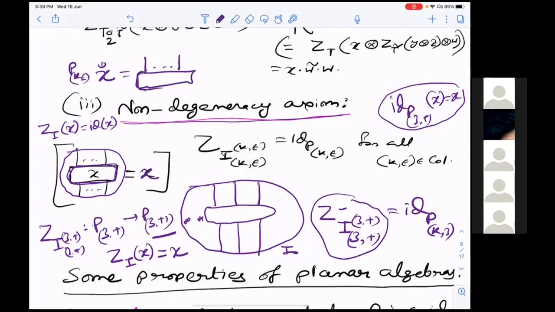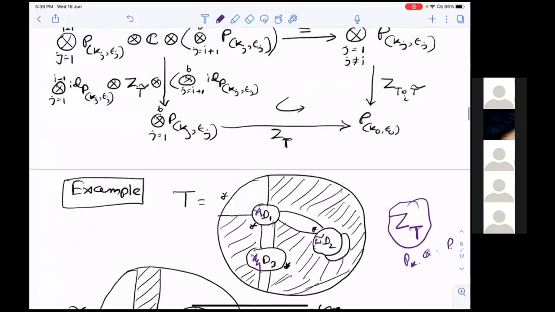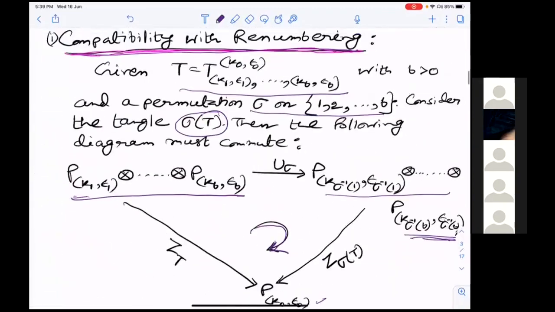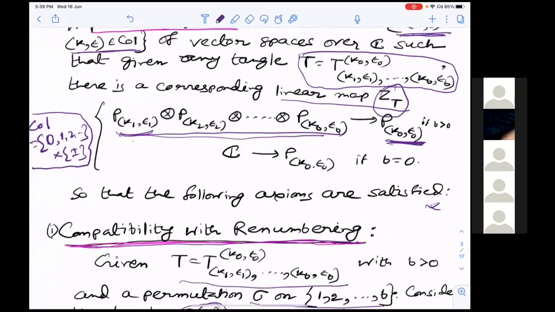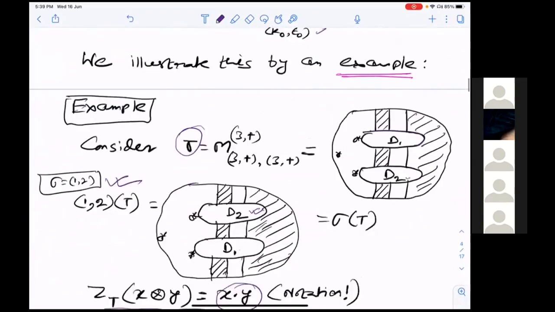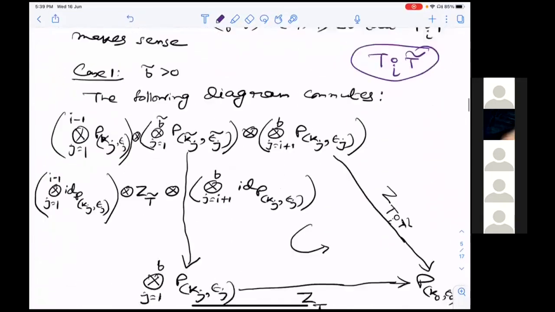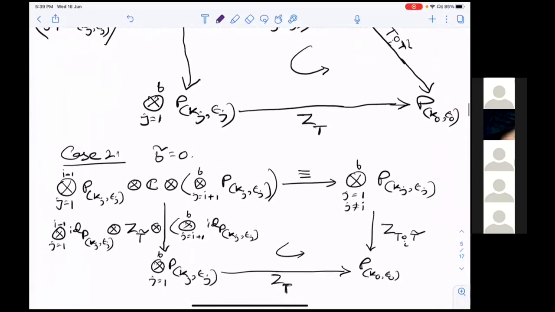You can draw it as a rectangle also if you wish. Let me draw this. So this can be drawn like this. So this is the non-degeneracy axiom. So this is the planar algebra. A planar algebra is a collection of vector spaces and a linear map Z_T which satisfies some natural conditions, which is a little difficult to write, but intuitively this is not that difficult.